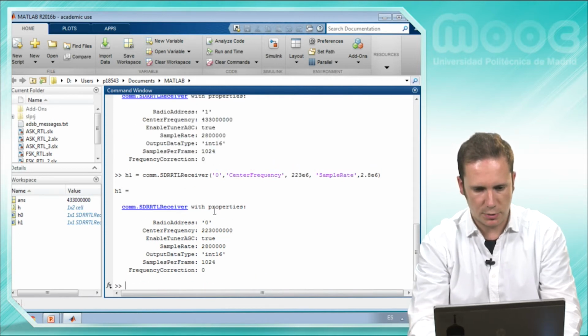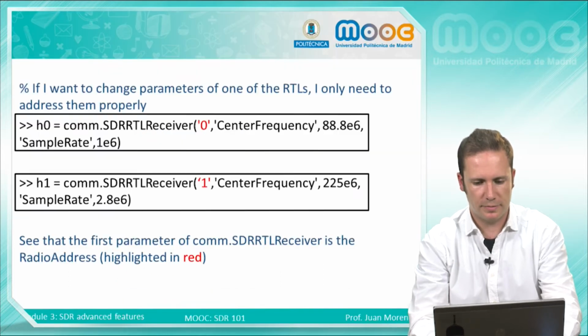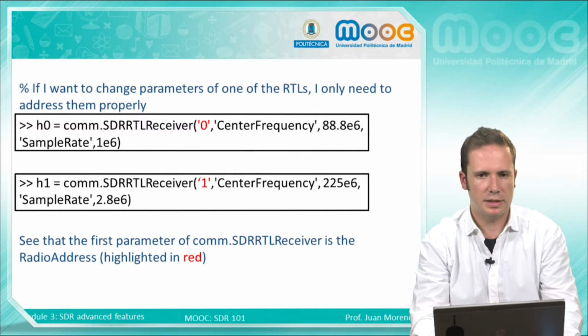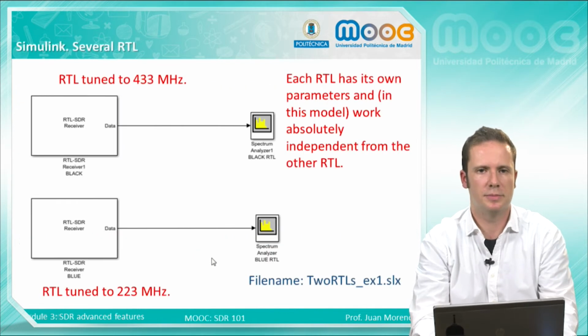Okay, we see that radio address 0 is tuned to the 223 megahertz and the number 1 to 433. That's very important. The first parameter of this function, the SDR RTL receiver, it's the radio address.